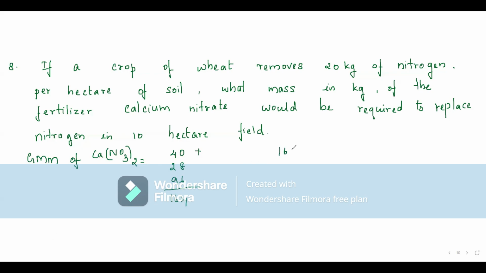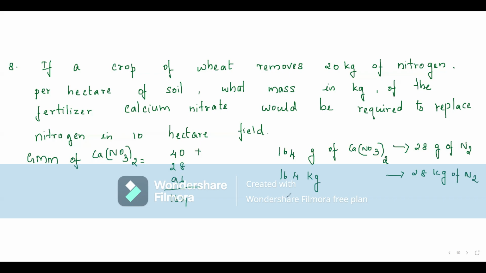Now, 164 grams of calcium nitrate gives you 28 grams of nitrogen, which I can write, therefore 164 kilogram of calcium nitrate gives you 28 kilogram of nitrogen.